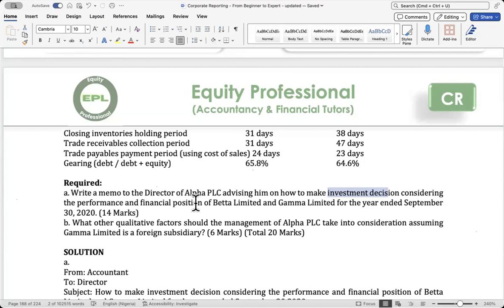So can anybody help me multiply 14 times 1.8? What would that give us? What's 14 times 1.8? It's 25.2.